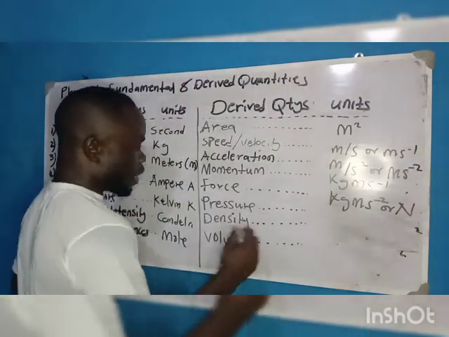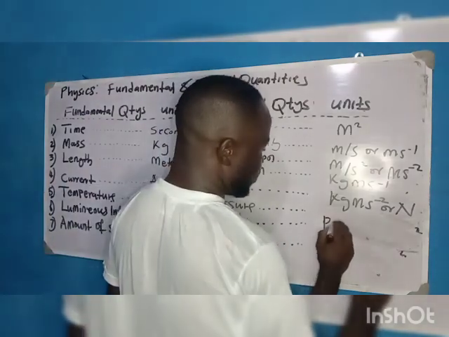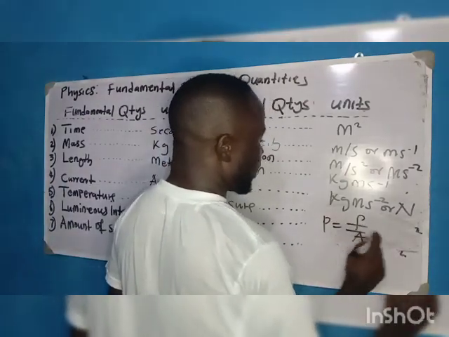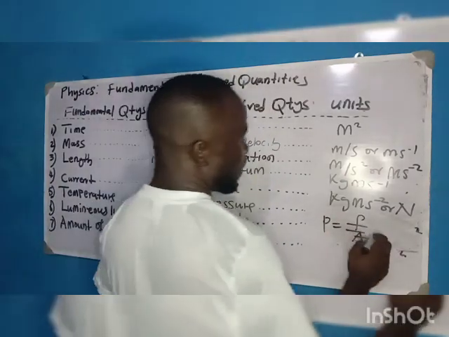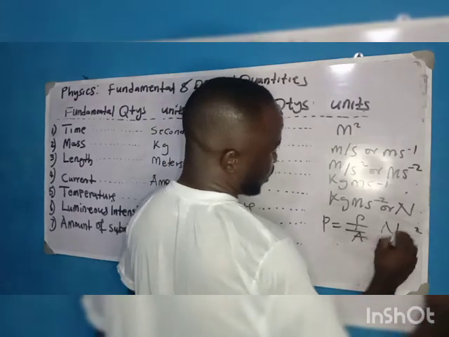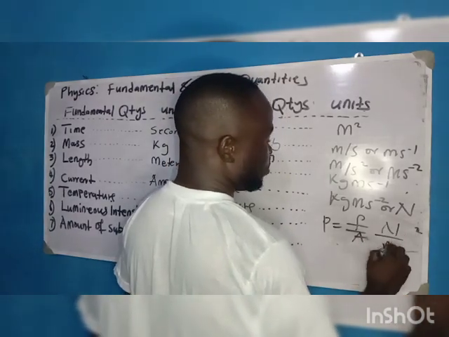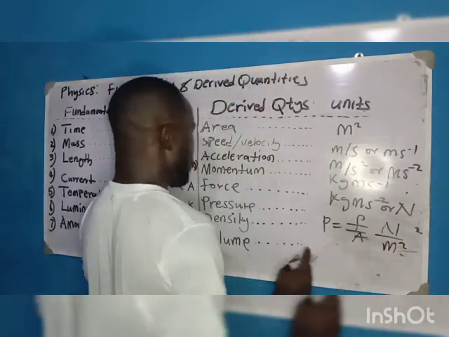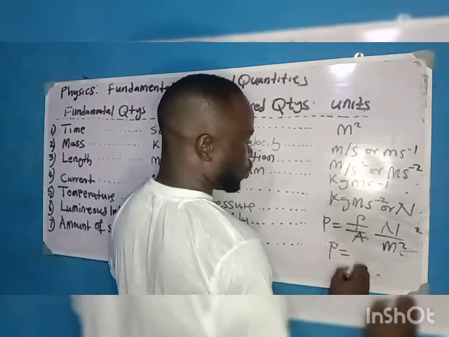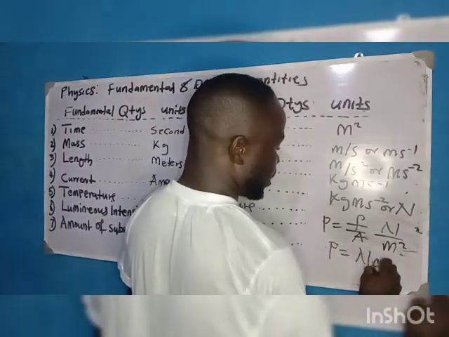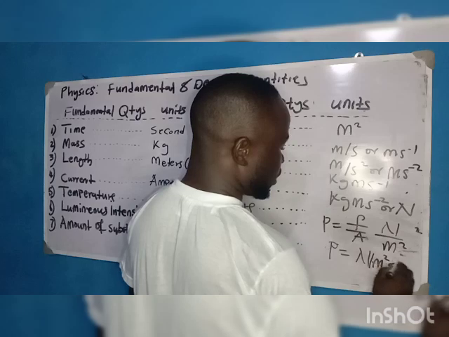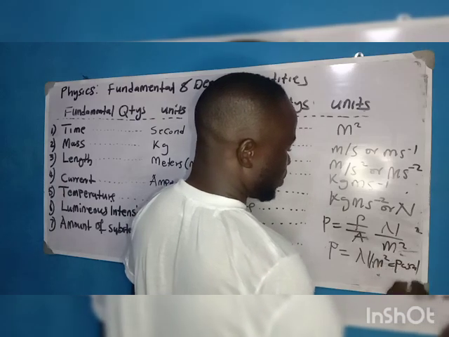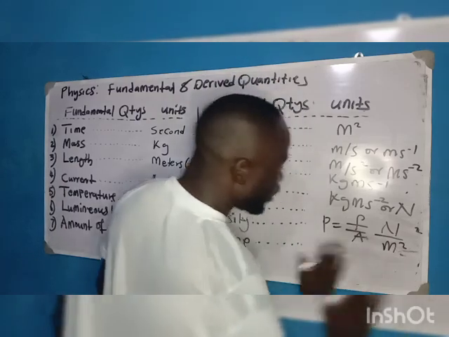So now we have that pressure is equal to force over area, and we know the unit of force now. Therefore, force is Newton, divided by area, which is meter square. So pressure is equal to Newton per meter square, and this is the same thing as Pascal. Let me write it very well.